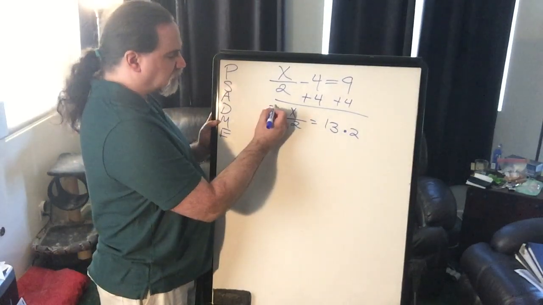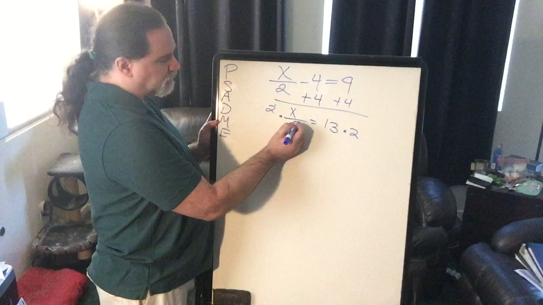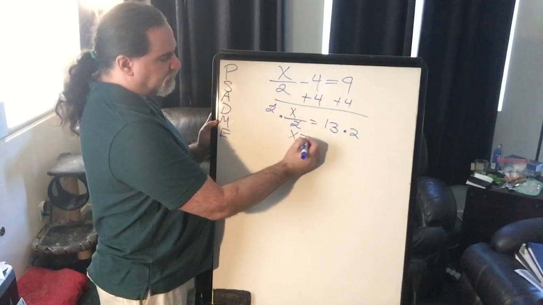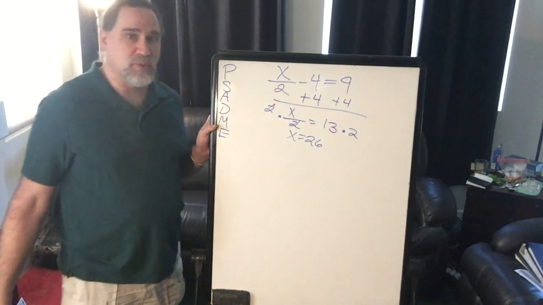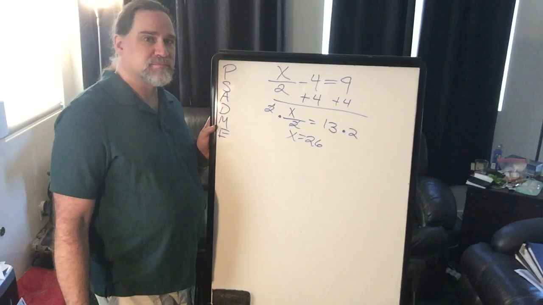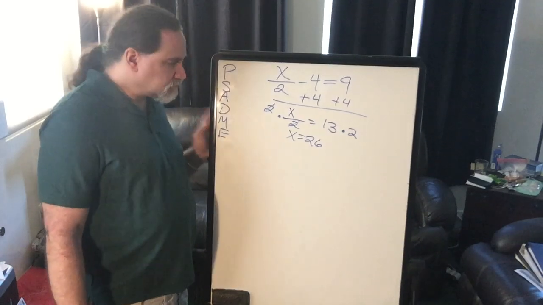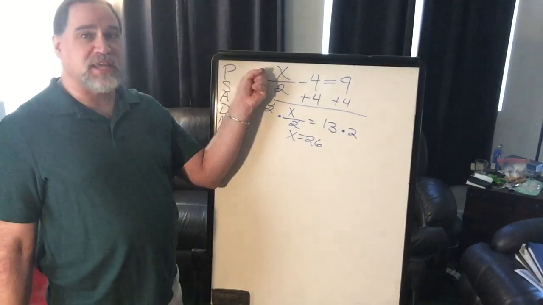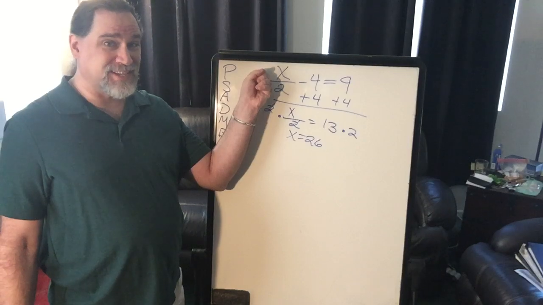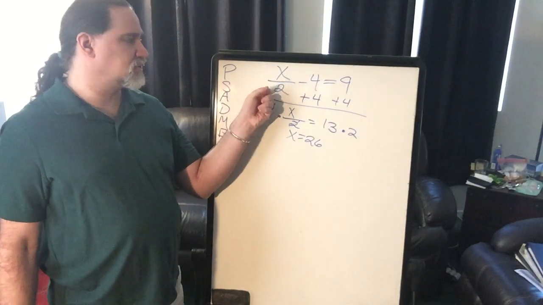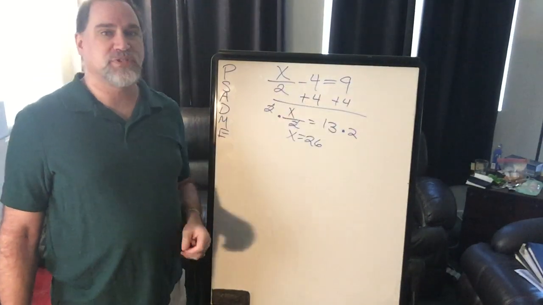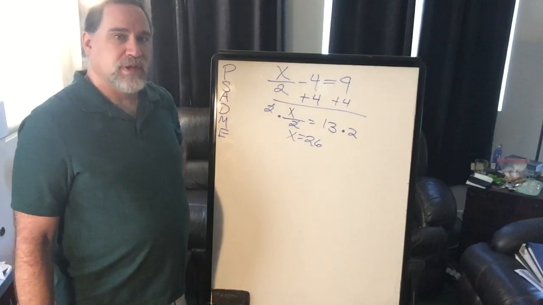For now, I'm just going to multiply by 2 because these are going to reduce, and that's going to give me my answer, x equaling 26. Okay? And if I took my 26 back up here and did it in the right order, I'd go 26 divided by 2 is 13. 13 minus 4 is 9. Yeah, it would. Okay?